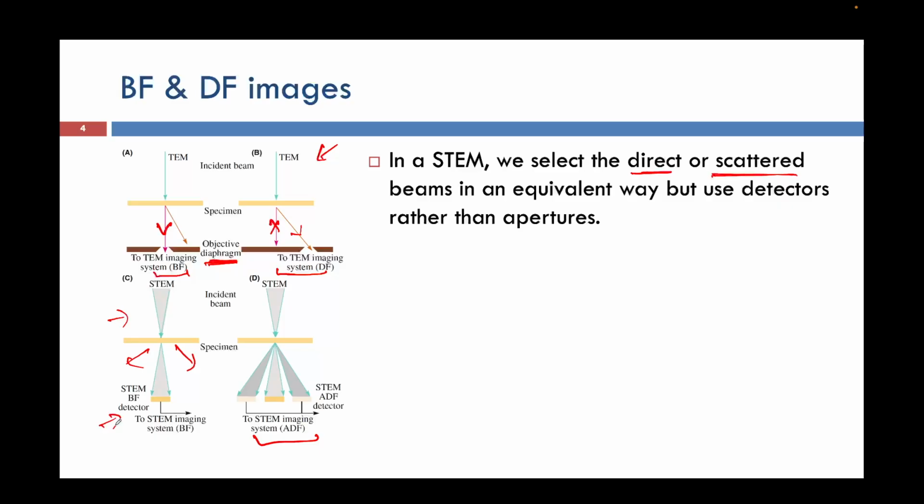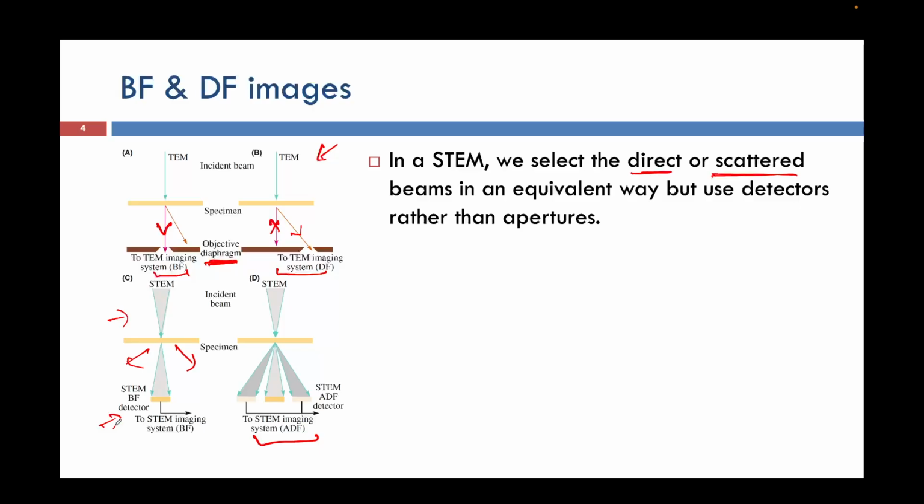Bright field detector means the direct beams which are coming and interacting with our specimen. So that is what we do for a STEM bright field image. And in the STEM bright field image, the background will be bright and our sample will be dark.